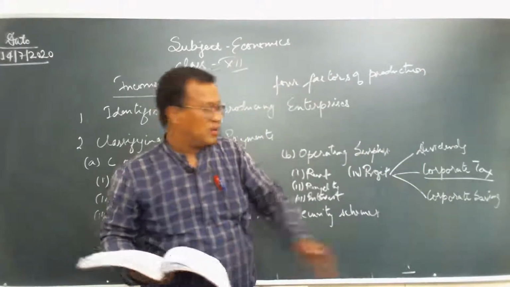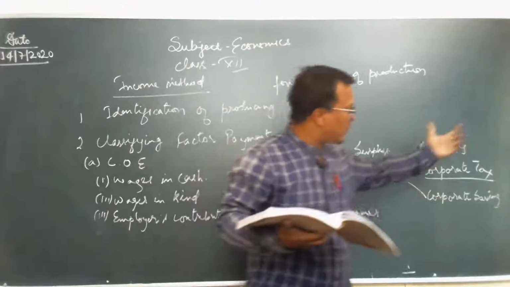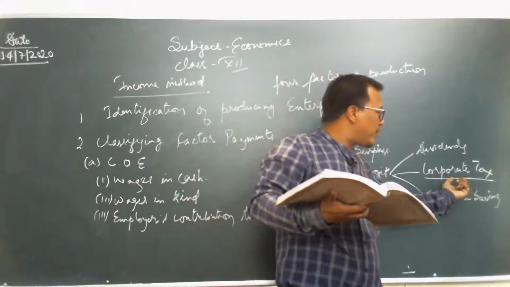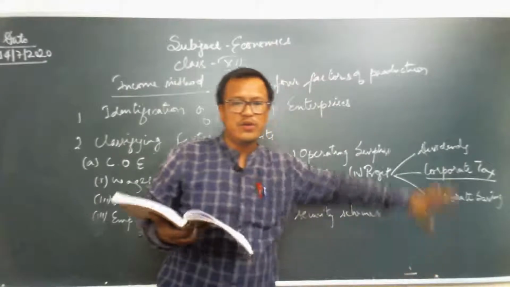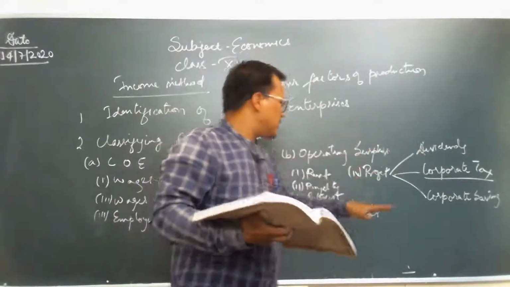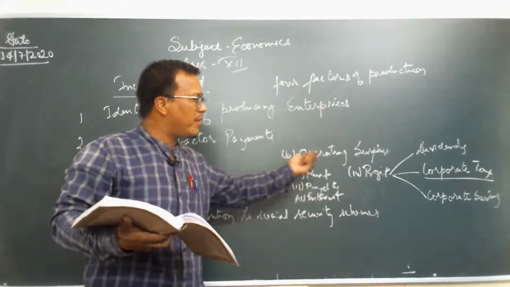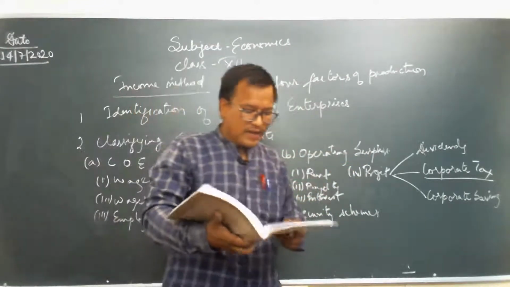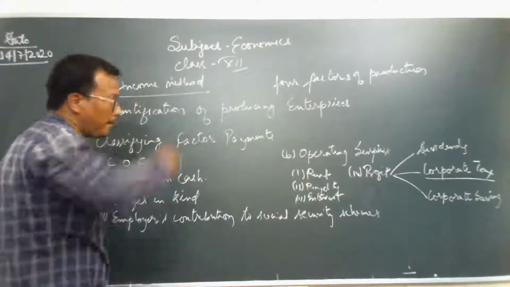So the profit is divided into three parts: dividends, corporate tax and savings. I hope you understood the factors of operating surplus. And after that, the third is mixed income.